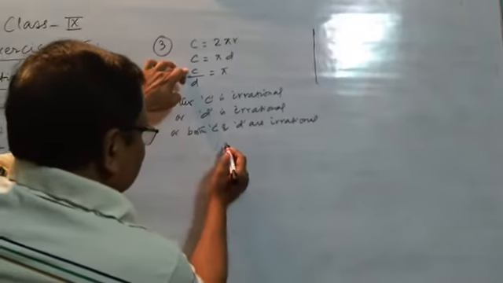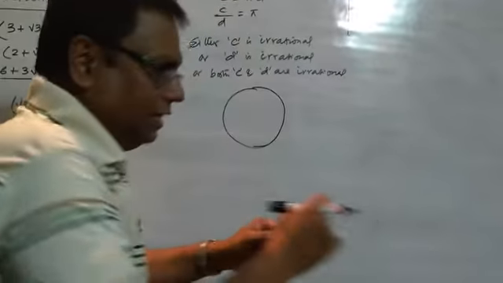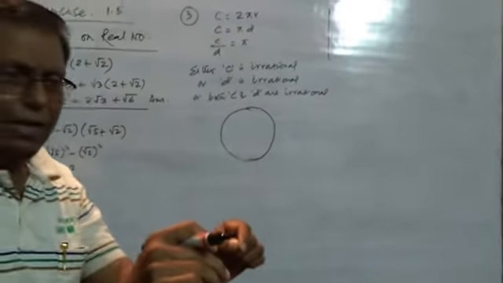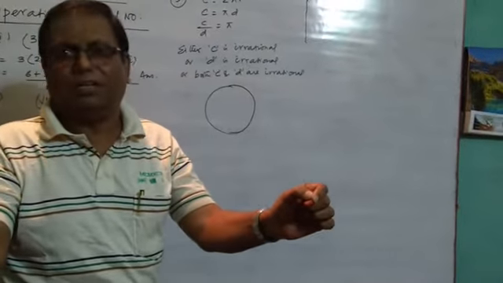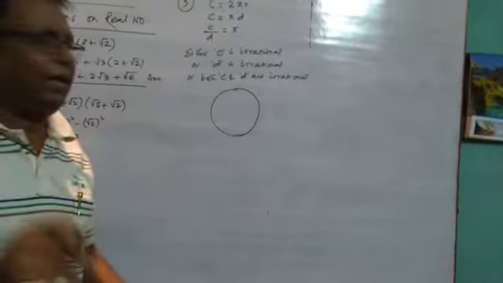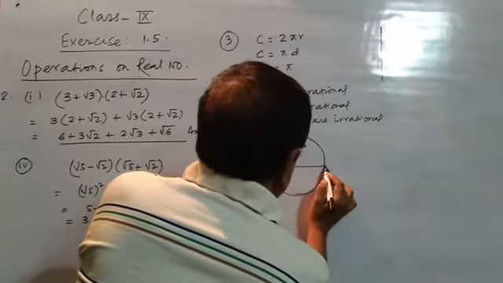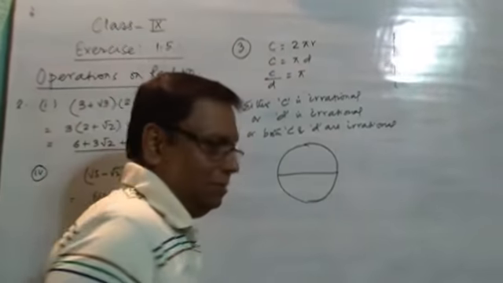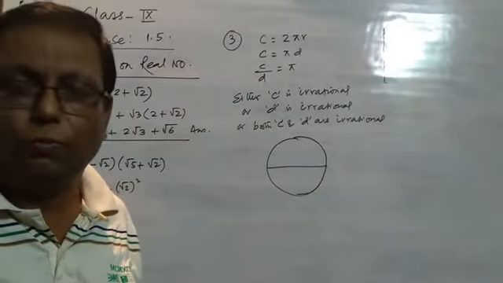Suppose you draw a circle and you measure the length of this circle with the help of a thread, and then by straightening the thread you can measure the length of C, and similarly you measure the length of the diameter with the help of a scale, and then you take this ratio.